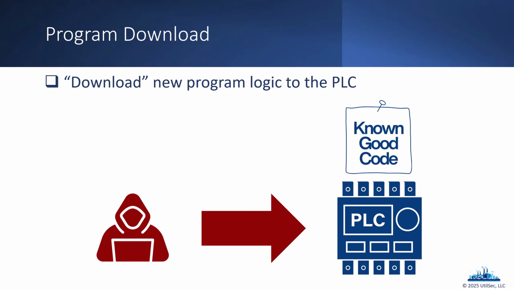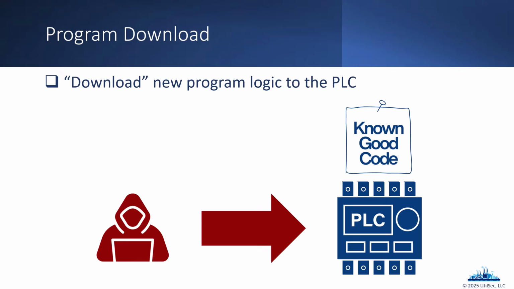So if an attacker gets in the environment, they have the ability to put their own PLC logic. Now, a lot of times, what if they can find a copy of the code running on the PLC? Think of where we could find that. The first place I would look is the engineering workstation. If I couldn't find it there, I would look on file servers and for backup locations.